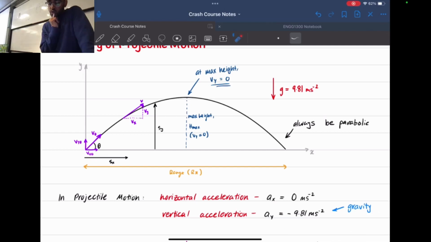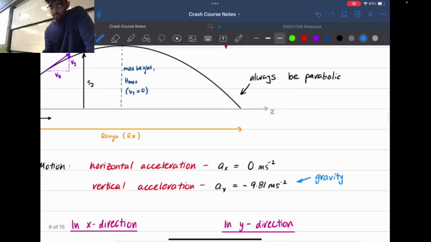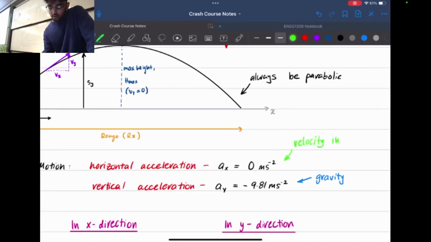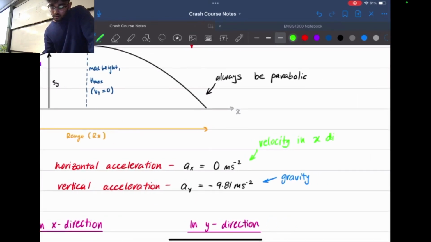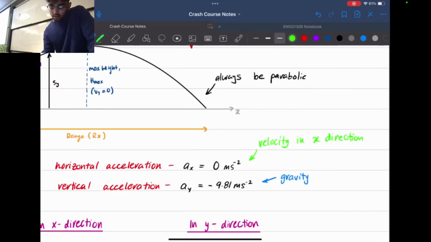I'm going to ask you guys a question. Since horizontal acceleration is always 0, how does it affect the horizontal velocity as the path goes? It's just constant. Yeah, exactly. So this will just mean velocity in x is constant.